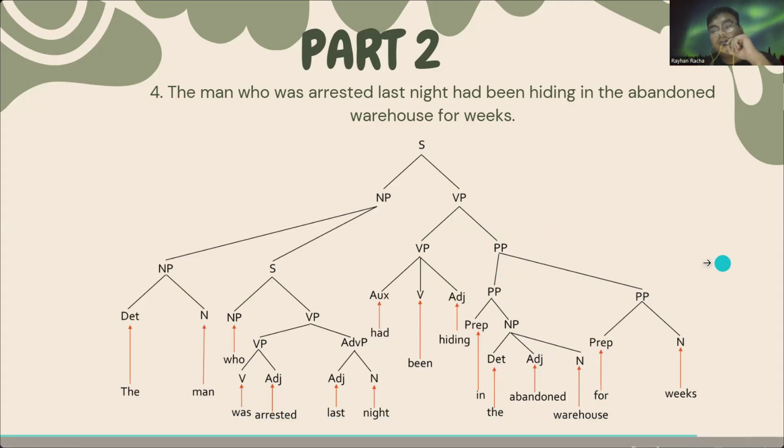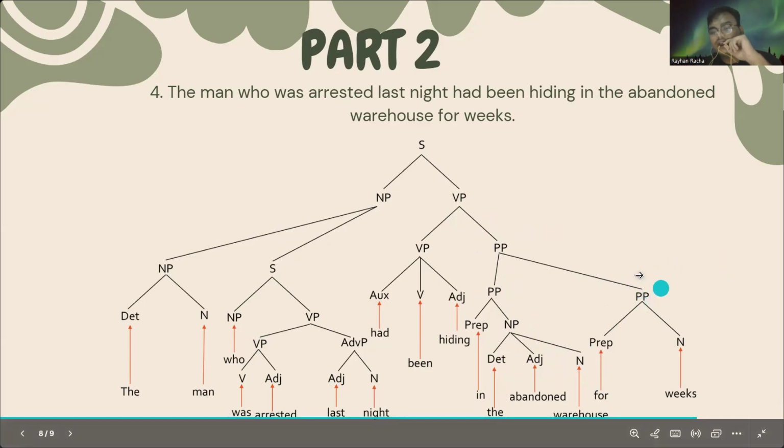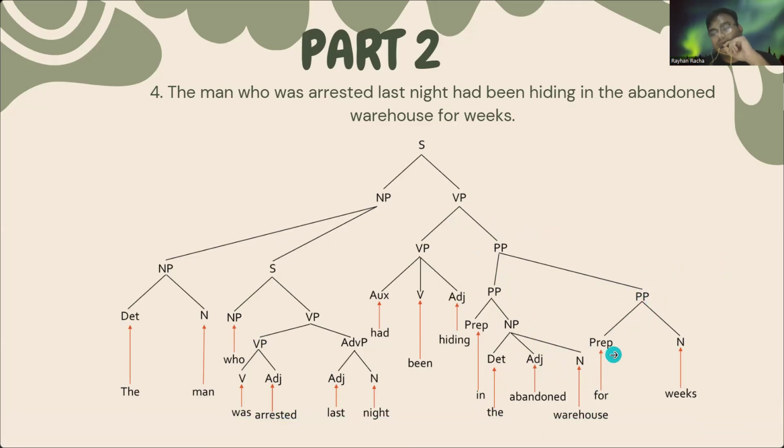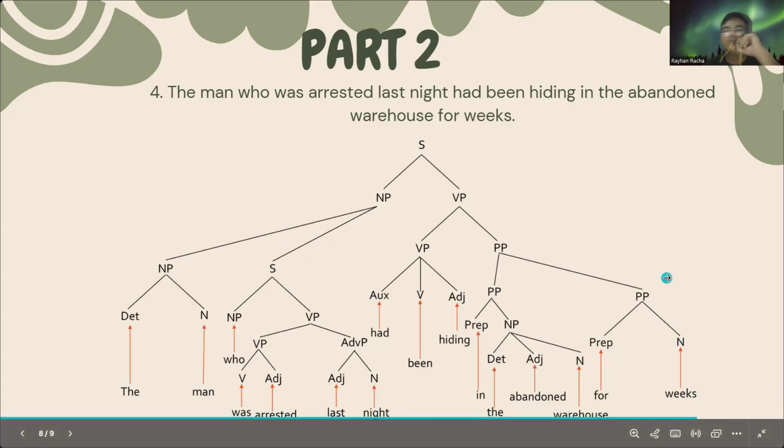And the final prepositional phrase, we have another preposition, which is the word for, and the noun itself, the word weeks. So this is the fourth one.